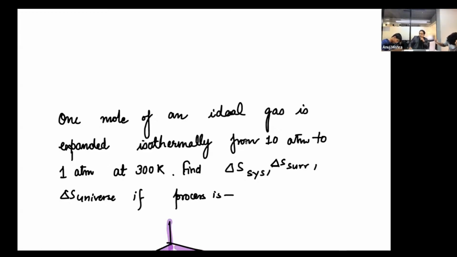This is dS. Now get delta S. Integrate both sides.